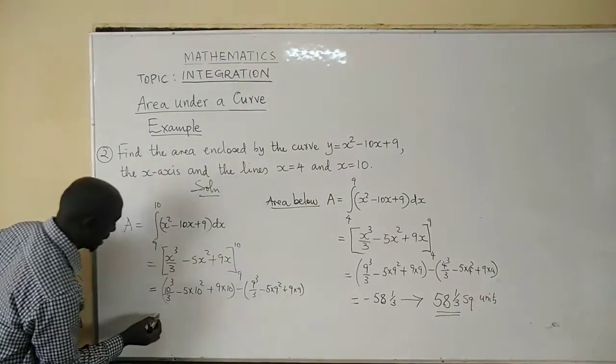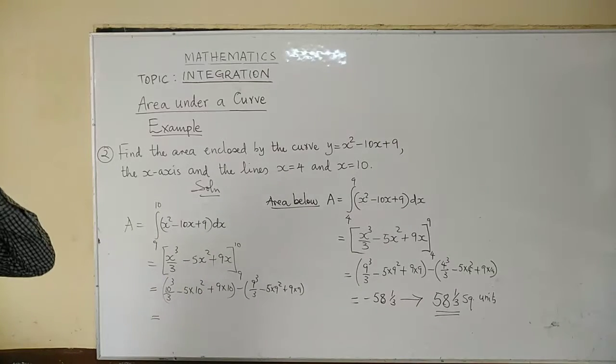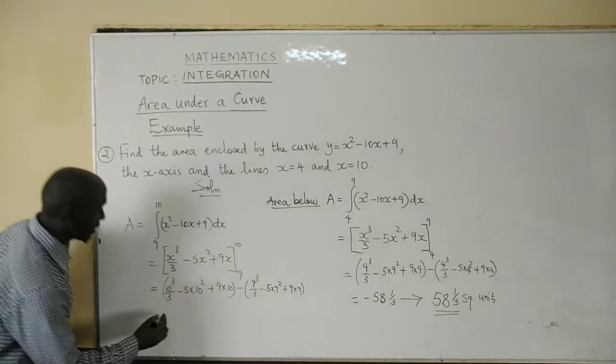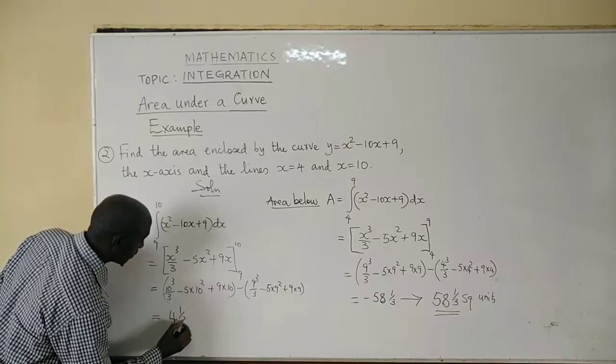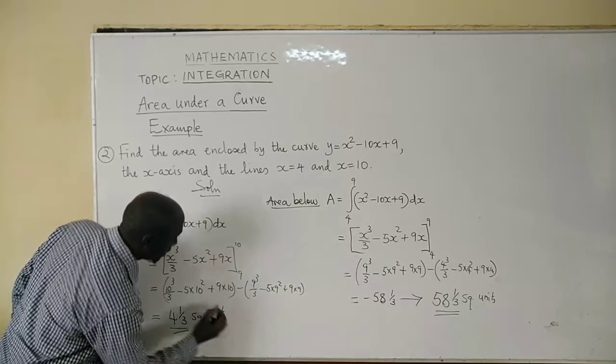If you do that correctly, my dear learner, you are going to get a positive because it is an area above the x-axis. For that one, you are going to get 4 and a third square units.